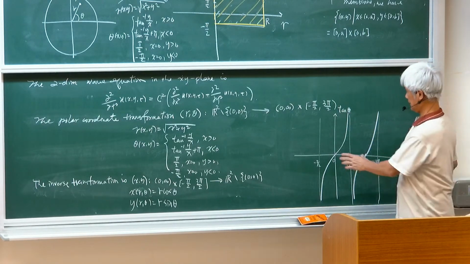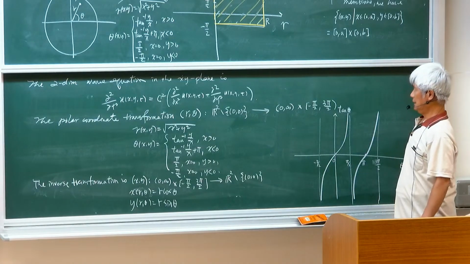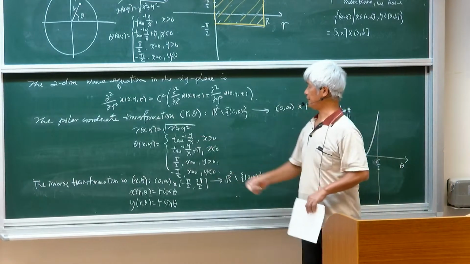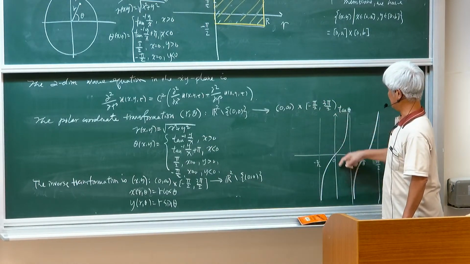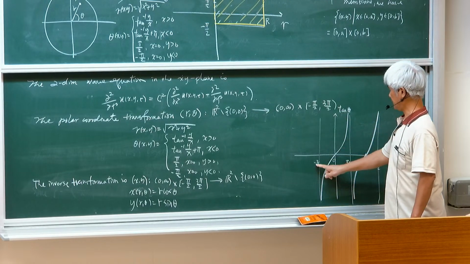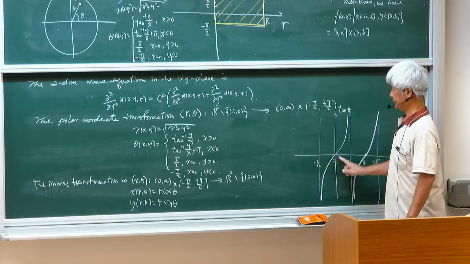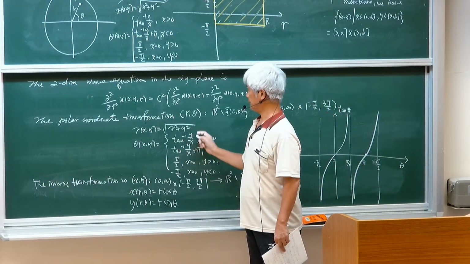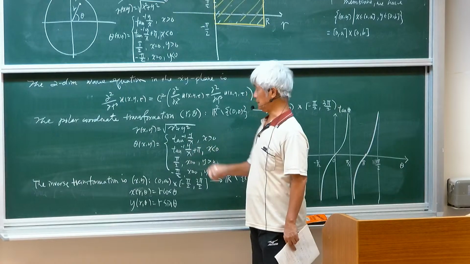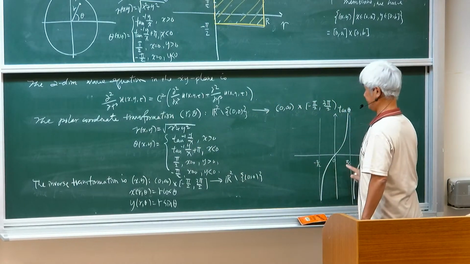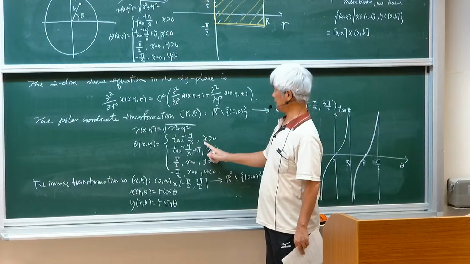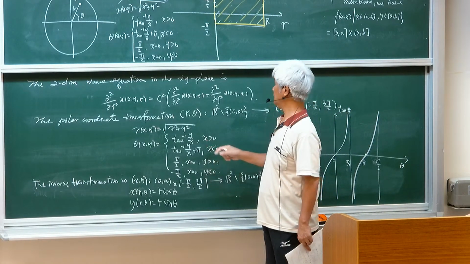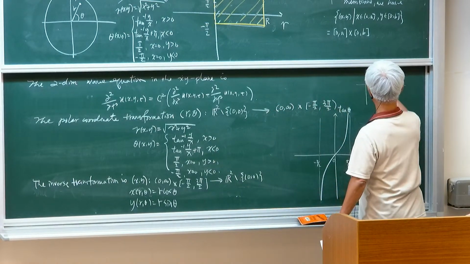Our arctangent is usually defined with range from minus pi over 2 to pi over 2, which gives us the angle between minus pi over 2 and pi over 2, and this corresponds to x being positive.